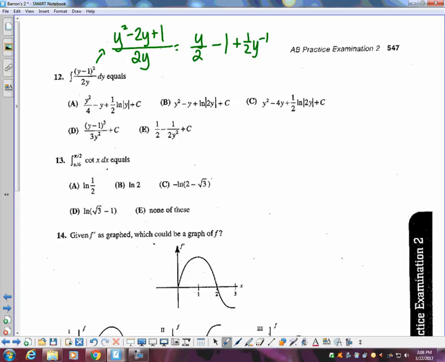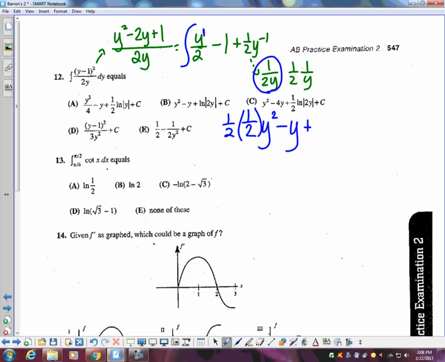I already know that when I have a single y on the bottom, that's going to be ln. So you could also think of this as a 1 over 2y or a 1/2 times 1 over y. They're all the same thing. Okay, so now when I integrate this, this is going to be 1/2 and then 1 over, okay, now take the power of the y, pull it down and add 1, and then add 1 to your power, and then minus, okay, well, the antiderivative of the constant just gets a variable, and then plus, okay, now I'm kind of leaning this way.